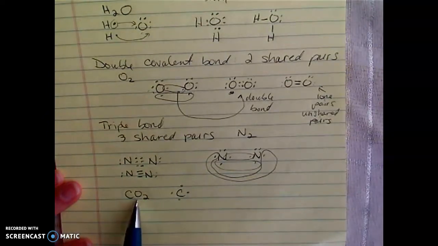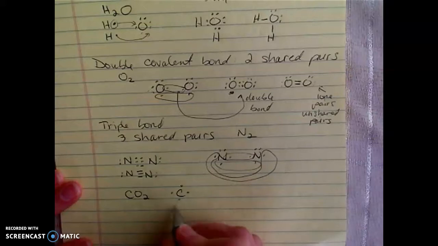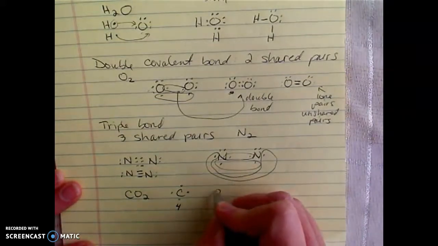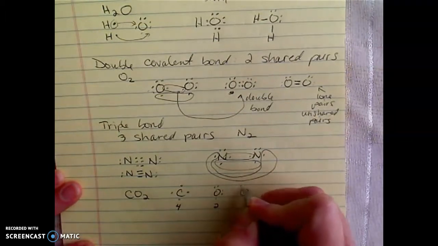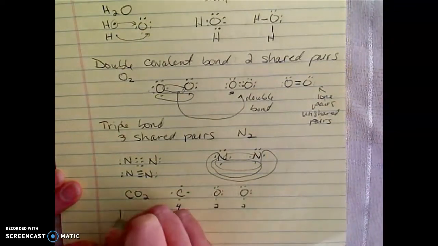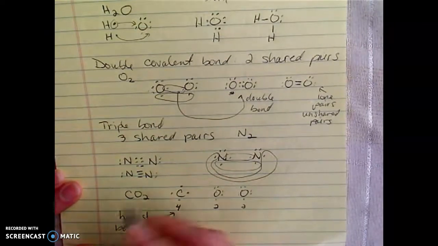But in this instance, it only wants to bond with 2. So we need to see how it is going to bond with 2. Now, since this has 4 for a bonding capacity, and oxygen only has 2 for a bonding capacity, the one with the highest bonding capacity tends to be what we call a central atom.